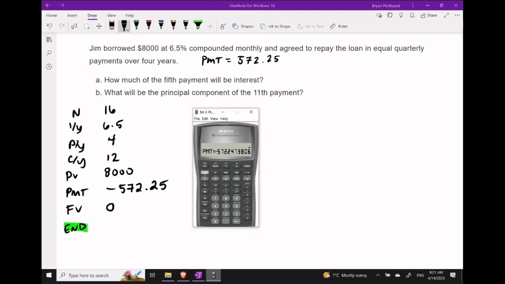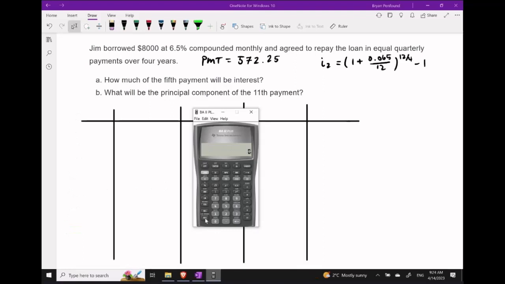I'm going to write the payment size down up here close to the top so that we have it as we work through part A and part B. The equal-sized payments that we are going to be giving back to the bank to pay off this loan are of size $572.25.